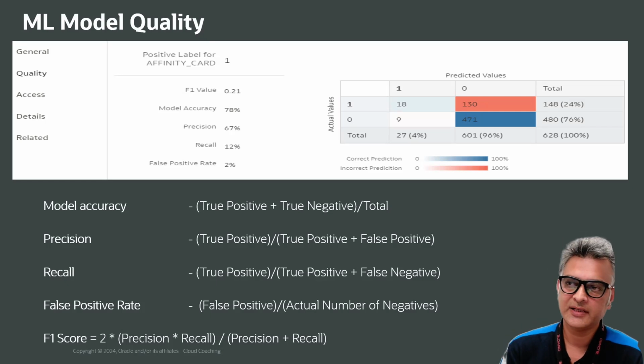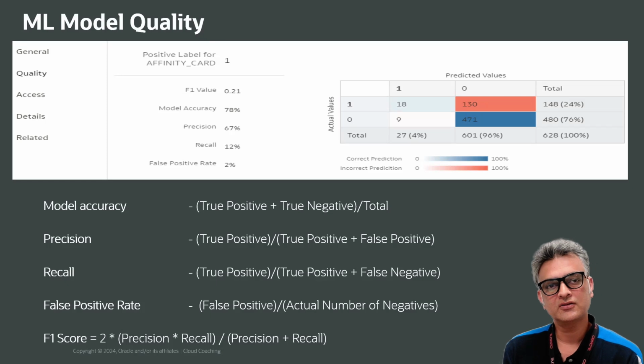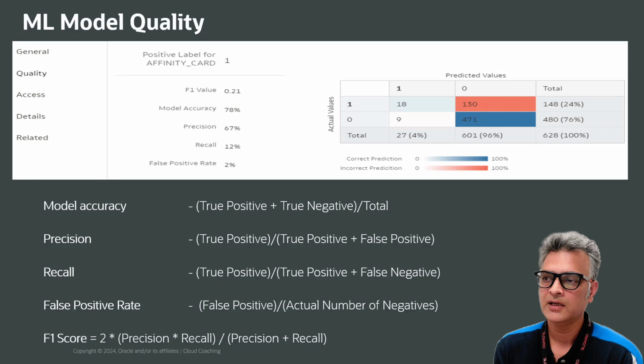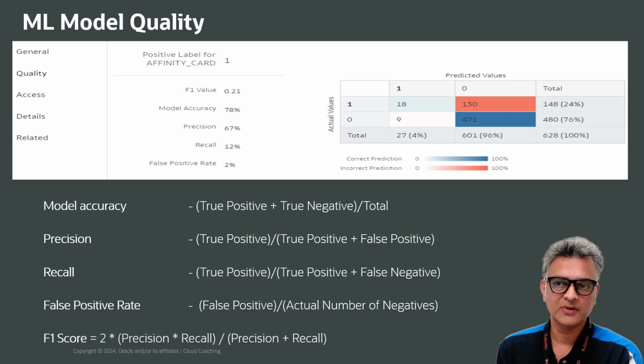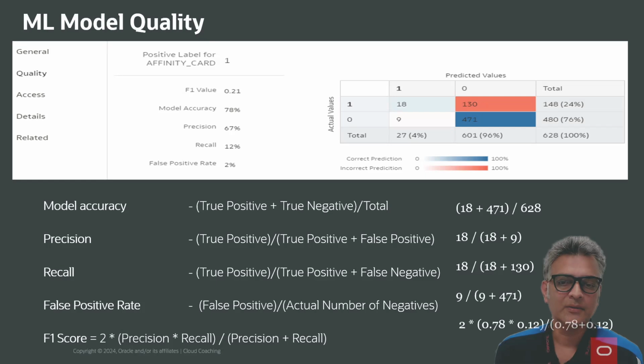So additional parameters like precision, recall, false positive rate, F1 value are also being considered when determining the quality of the machine learning model. For each of these parameters, we have the formulas on the slide. So for this particular model, these are how the numbers stack up.